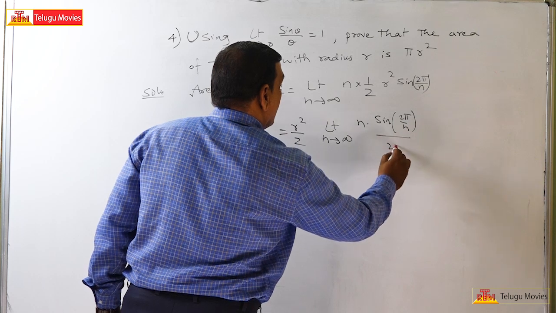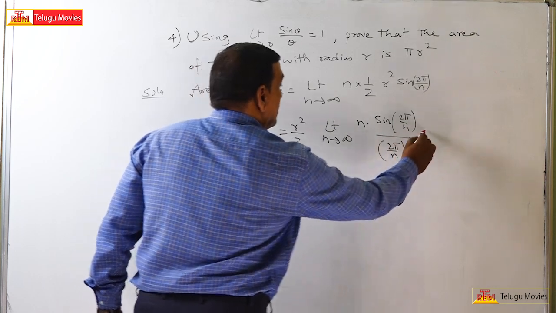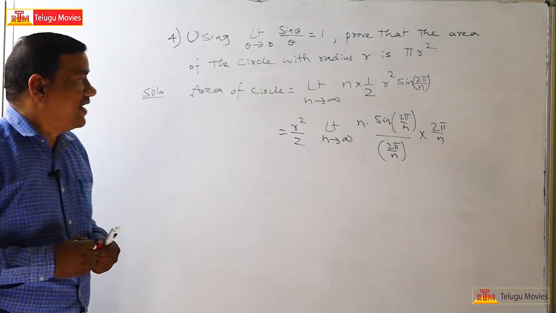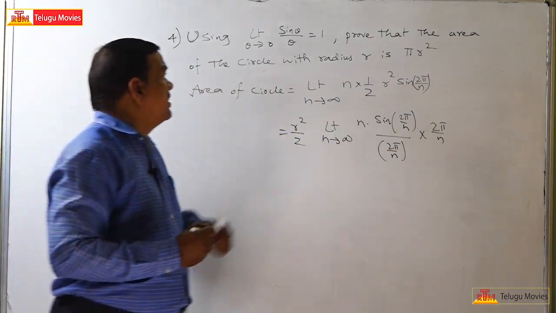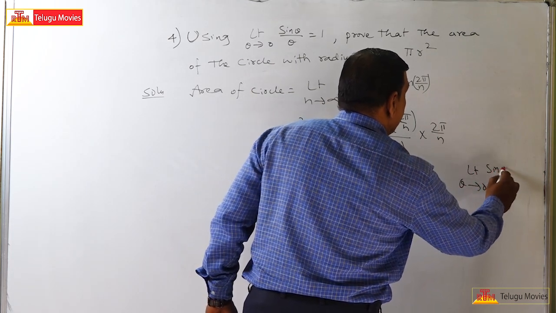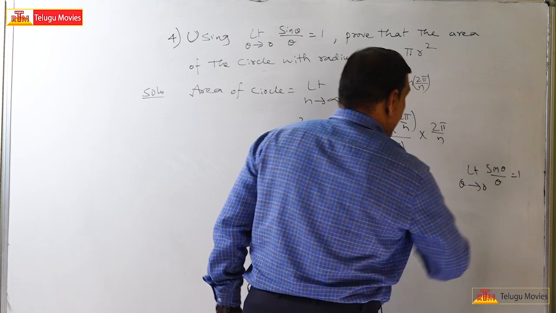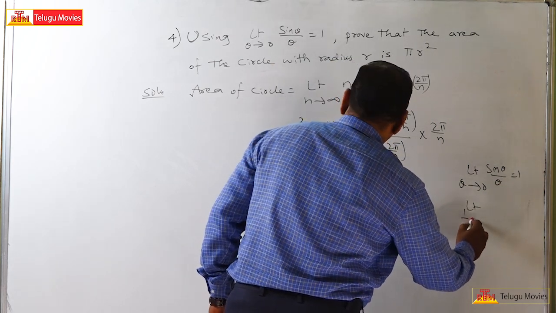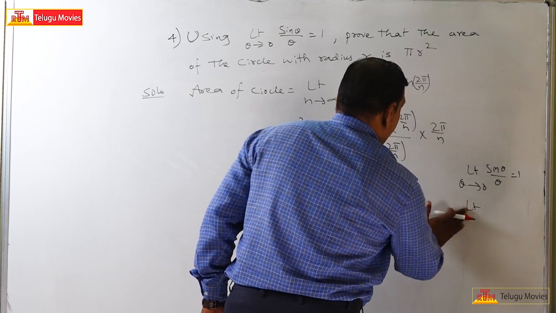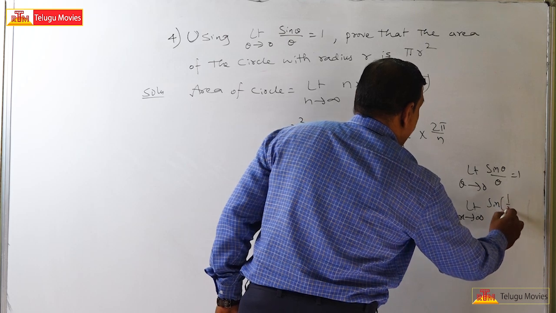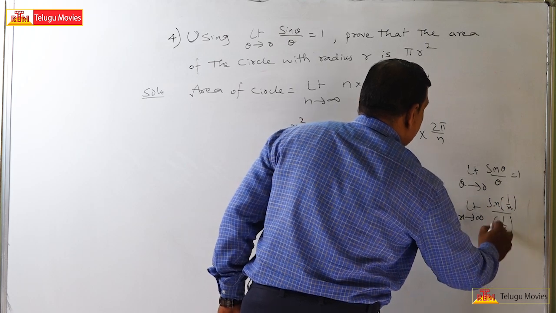So here also write down 2 pi by n into 2 pi by n, multiply and divide with the 2 pi by n. As we know that limit theta tends to 0, sin theta by theta is equal to 1. Same time limit x tends to infinity, sin of 1 by x upon 1 by x is also equal to 1.